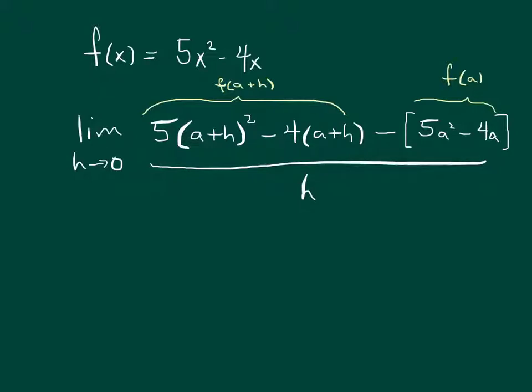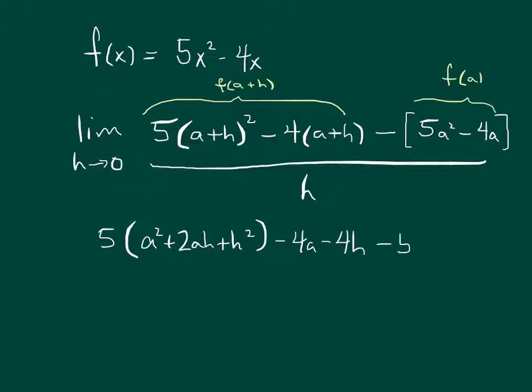Now, the goal is to sort of do all our algebra, and in the end, we want to cancel the h on the denominator. So I'm going to do this kind of quickly. A squared plus 2ah plus h squared. That is what I get when I expand this thing. Now I'm subtracting 4a, and I'm subtracting 4h.